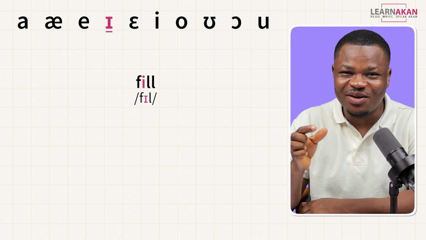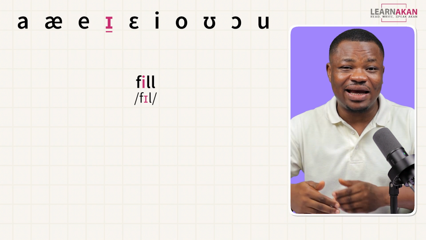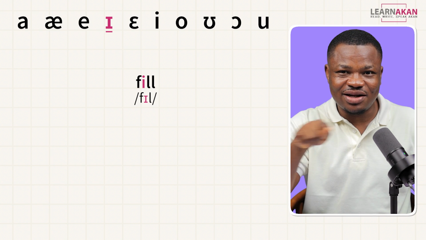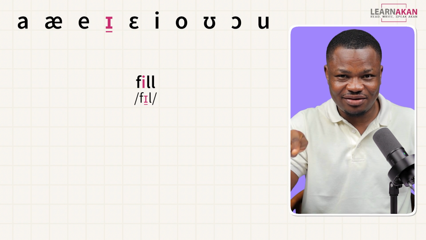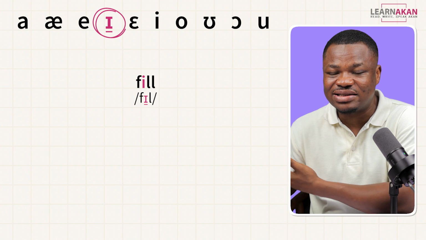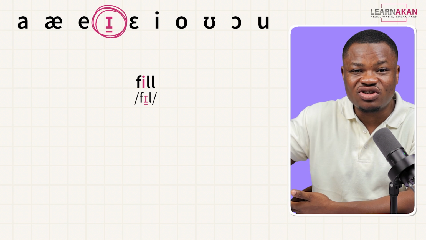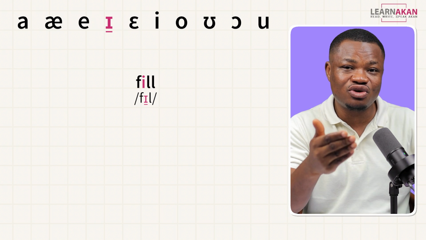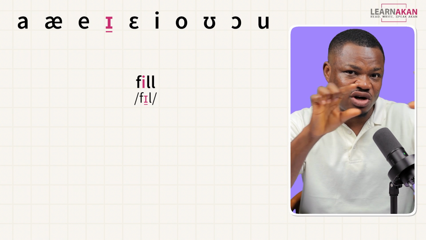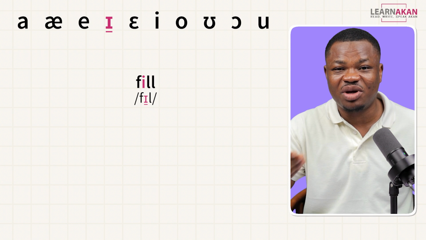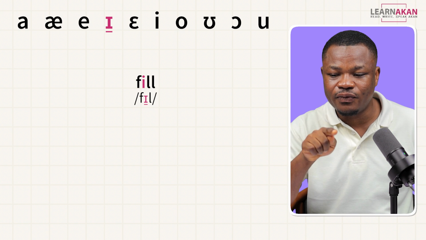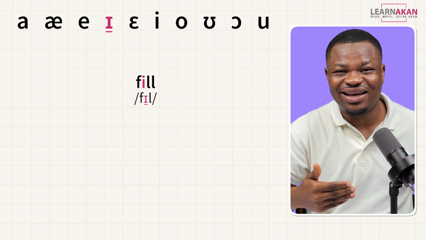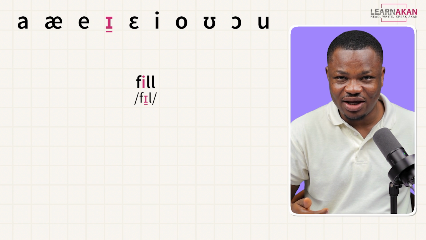And even in English, when you transcribe this, you see that there's that sign. I told you we don't write this in standard Twi, but when you transcribe, you use this. And it's the same as you have in English. So if you go to your English dictionary and you check for the transcription for words like sit, pit, and all that, you find that in the middle, they will have the same sign in there. So that is the E sound, okay?